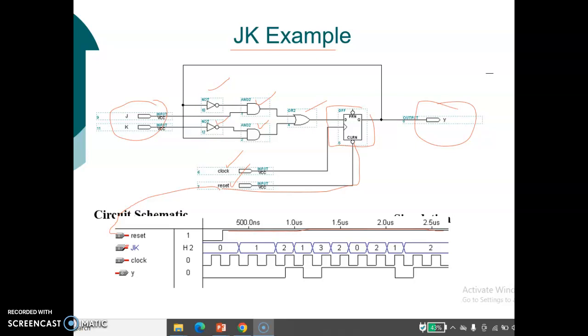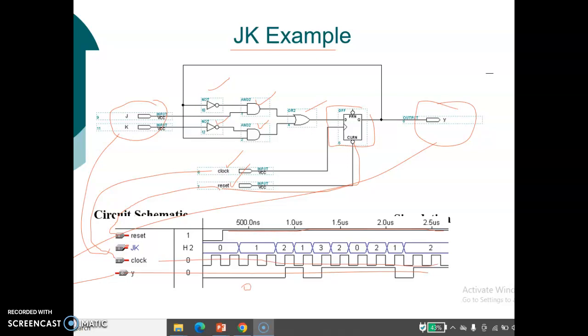JK inputs here, clock here, Y output vector. This is the Y output vector. Clock 0 1 0 1 0 1 like this.